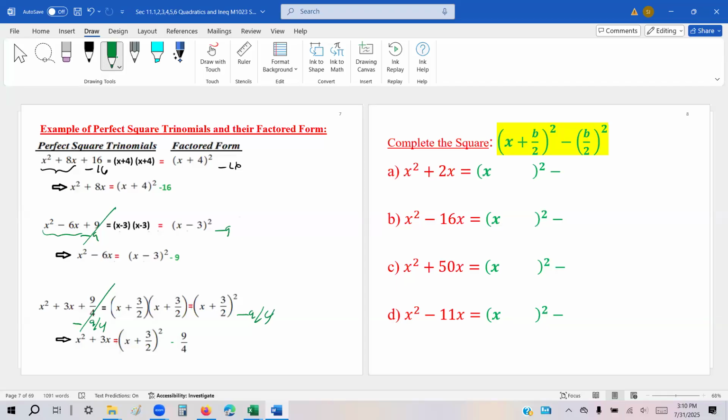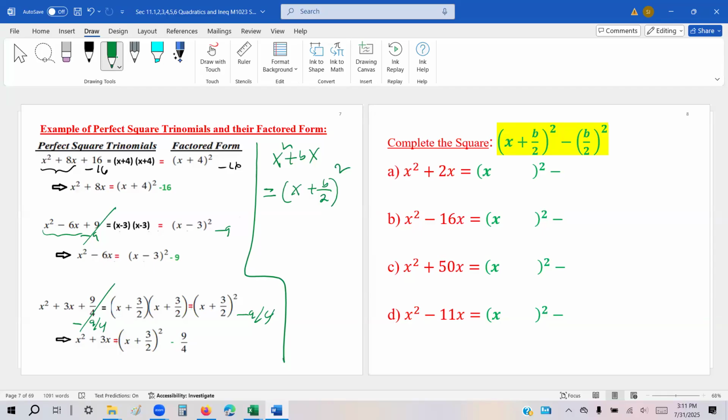So the rule says if you have x squared plus bx, okay? b could be any number, whole number, fraction, positive, negative, it doesn't matter. If you have x squared plus bx, we can write this as a completed square: x plus half of b inside, and the square goes outside.